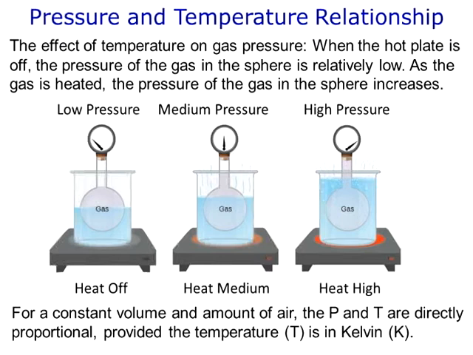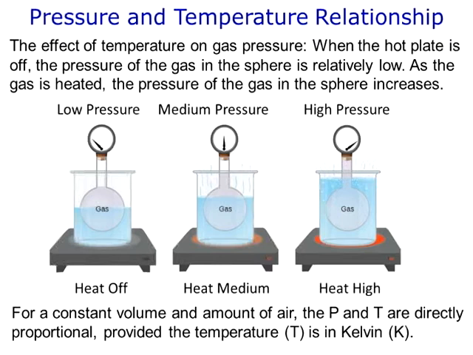Let's talk a little about the pressure and temperature relationship, the effect of temperature on gas pressure. What is it? To illustrate the effect, we use this diagram showing you these hot plates. We have hot plate off, hot plate medium, hot plate high, and we look at the response by pressure. When the heat is off, it's low pressure.